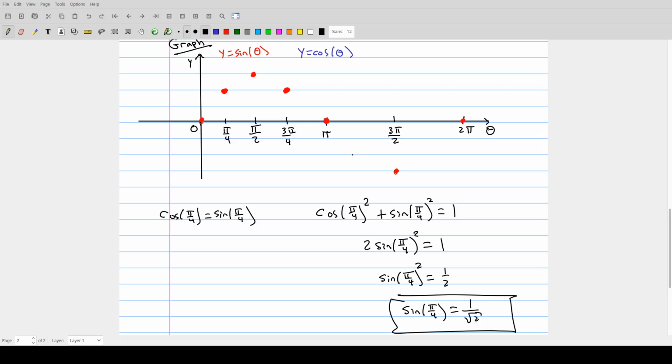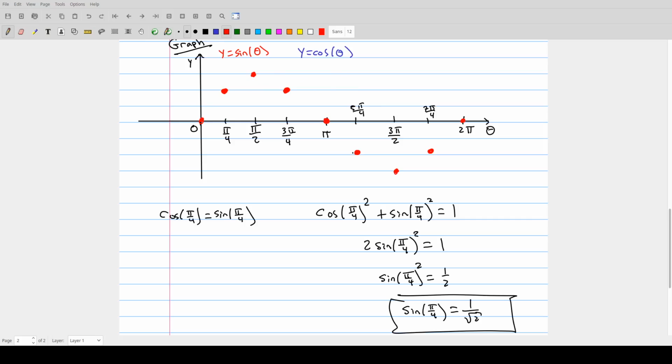And then similarly, at the values 5 pi over 4 and 7 pi over 4, the sine function is actually negative 1 over root 2. And I think that these points give us a nice picture of what the sine function looks like in general.